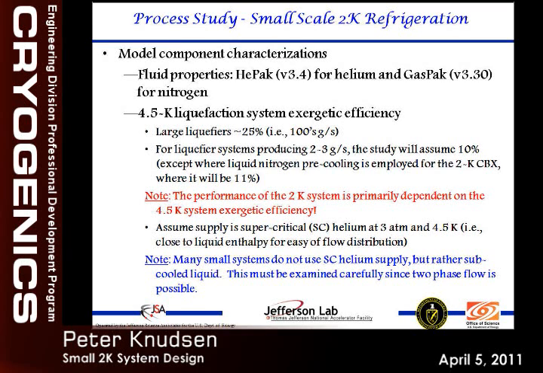Some of you will be aware of that. If not, you can Google it and find those properties available for sale. But for the 4K liquefaction system, the exergetic efficiency for large systems is typically going to be about 25%. And for the process study we're doing, we're going to assume 10%. So that range we saw was 10 to 13%, but we're going to pick 10%.